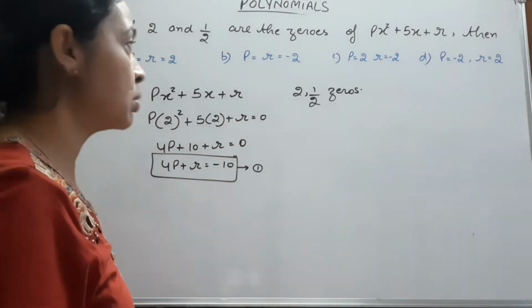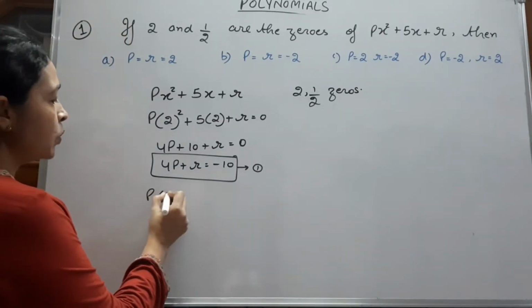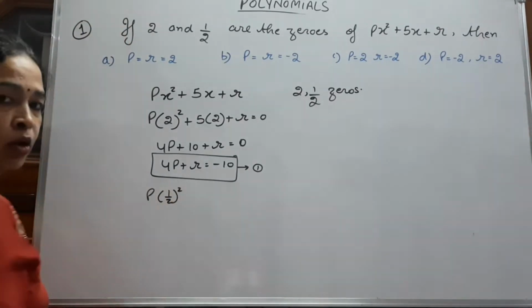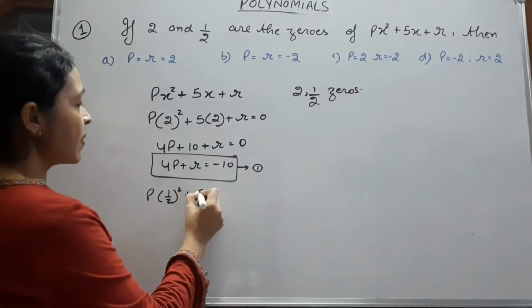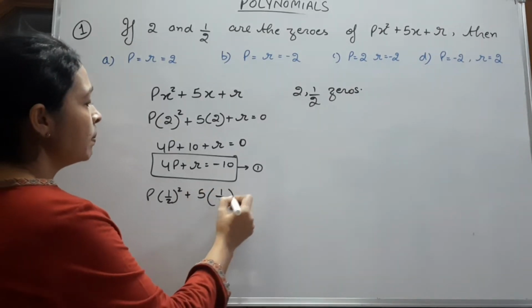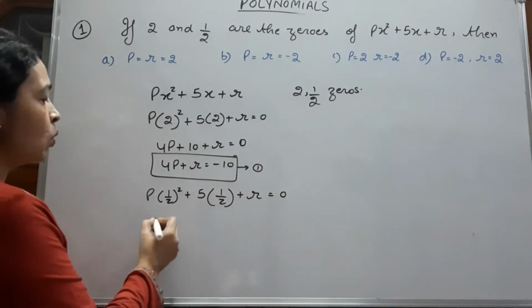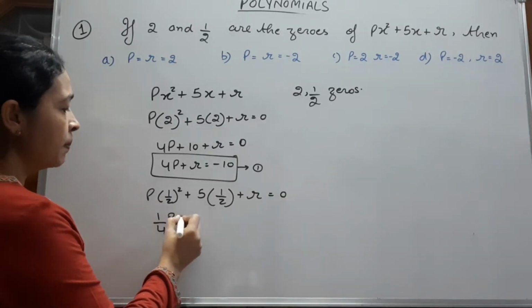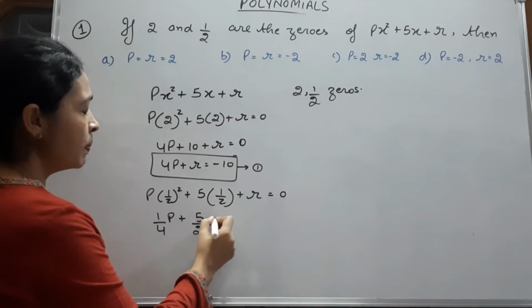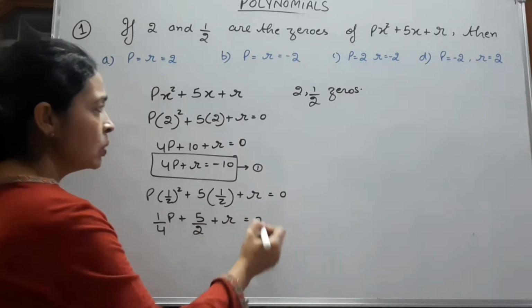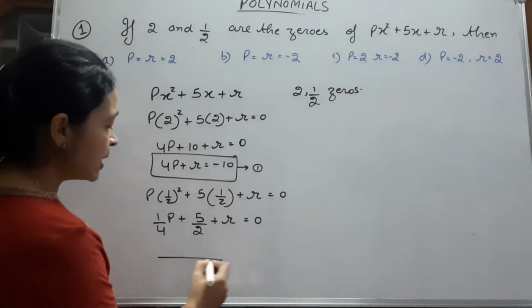1 by 2 is also the zero. So p into, in place of x, now we put 1 by 2, plus 5 into 1 by 2 plus r, and this equals 0. 1 by 2 whole square is 1 by 4 p plus 5 by 2 plus r equals 0. Take 4 LCM.